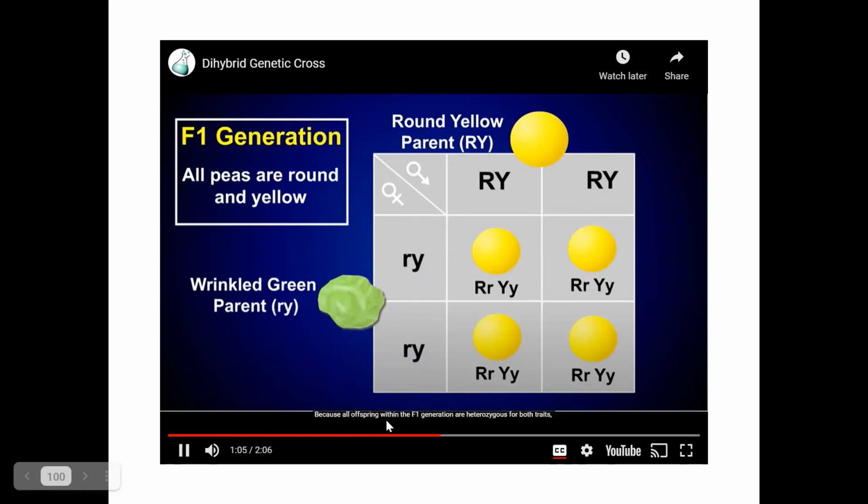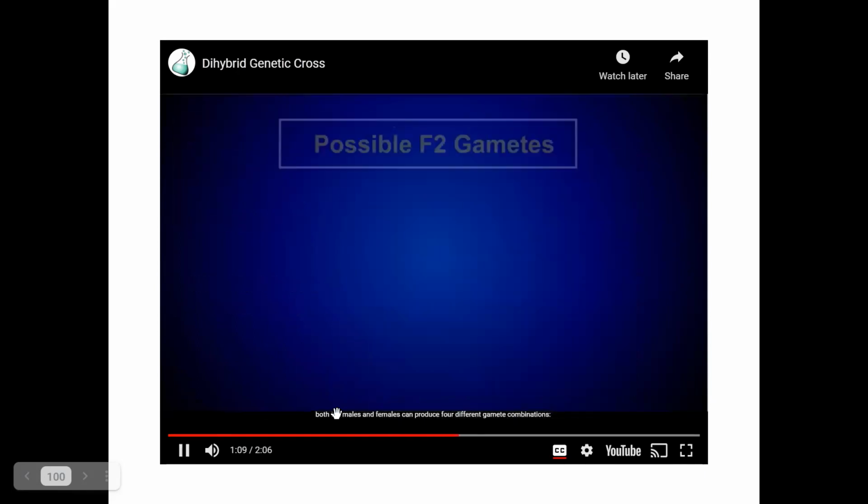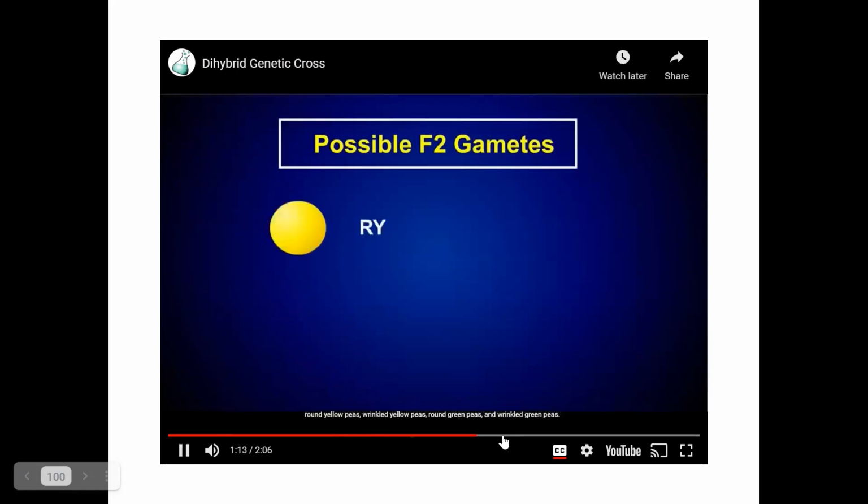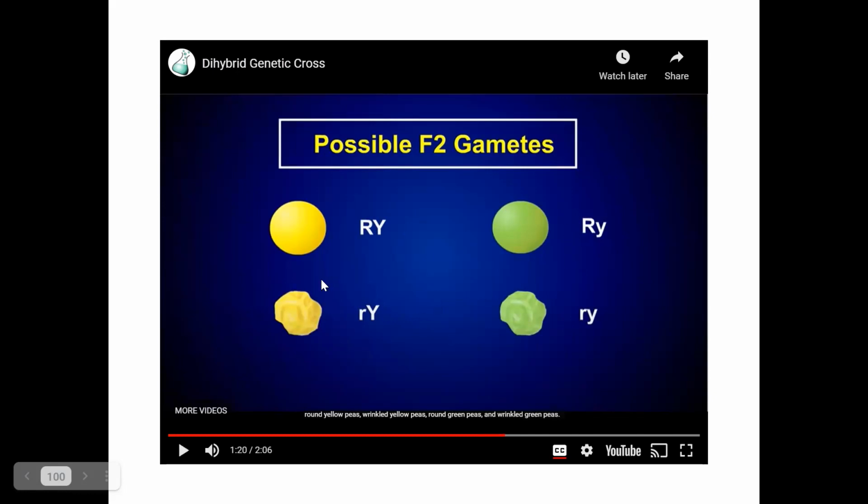Because all offspring within the F1 generation are heterozygous for both traits, both the males and females can produce 4 different combinations: round yellow peas, wrinkled yellow peas, round green peas, and wrinkled green peas.